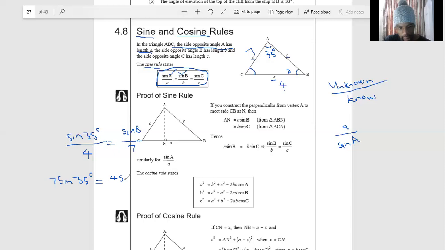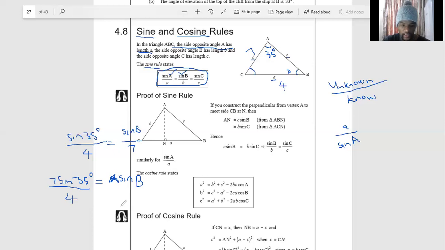It's simple, guys. Basic maths. Since you want sine B, you divide by 4 on both sides, and then this 4 will cancel this 4.